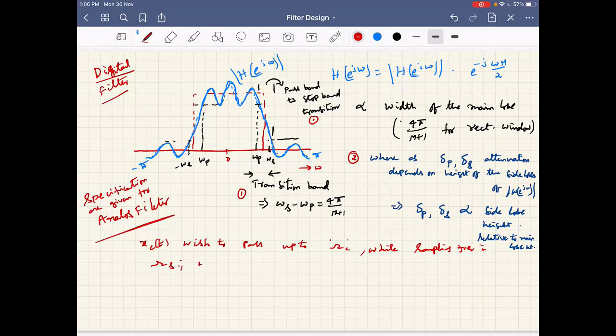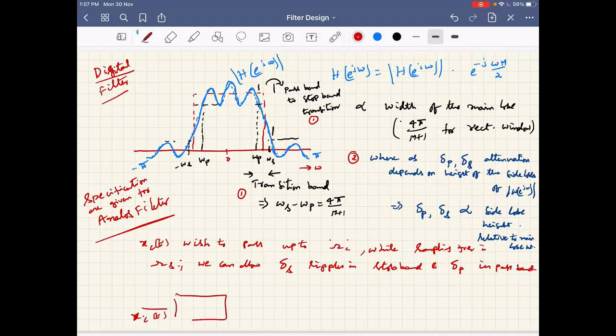And we may allow delta s ripples in the stop band and delta p in the pass band. This is how the usual description of the filter will be. That means what they are conveying is, based on the frequency domain of this filter, we wish to design for xc of t as the device input. They should have a system here, h of t.